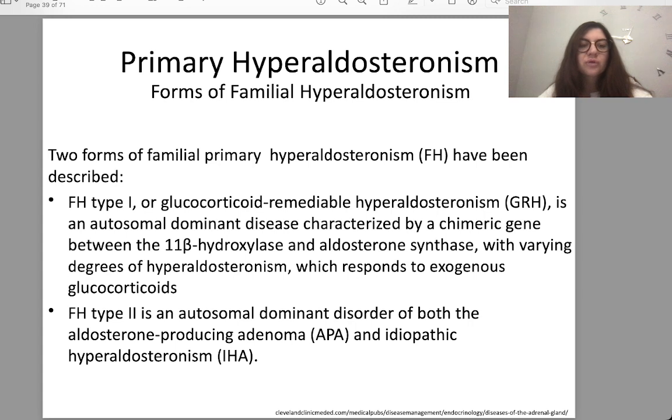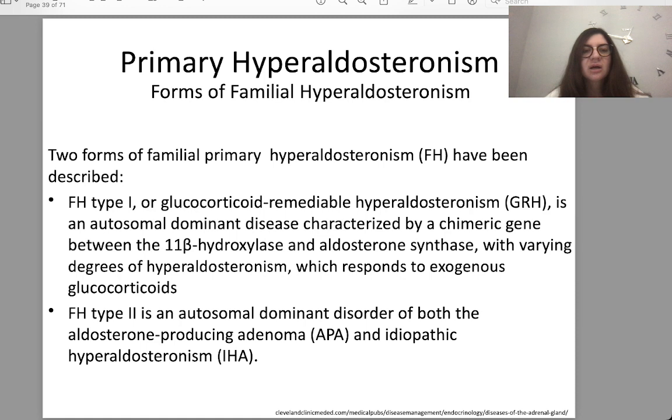There can be two forms of familial primary hyperaldosteronism. Type 1, glucocorticoid-remediable hyperaldosteronism, is an autosomal dominant disease characterized by a chimeric gene between 11-beta-hydroxylase and aldosterone synthase, with varying degrees of hyperaldosteronism which responds to exogenous glucocorticosteroids.